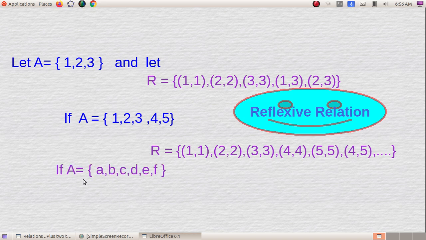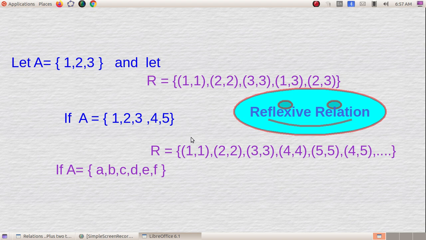Okay, what about this one? If S equals {A, B, C, D, E, F}, how many elements are here? 6 elements. To make a reflexive relation on this set, it must contain at least 6 elements, which are (A,A), (B,B), (C,C), (D,D), (E,E), (F,F). Where 3 elements are in the set, 3 elements must be in the relation R to make it reflexive.